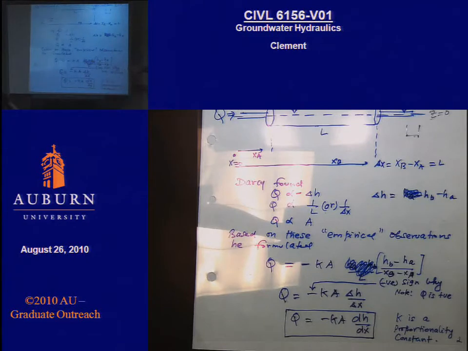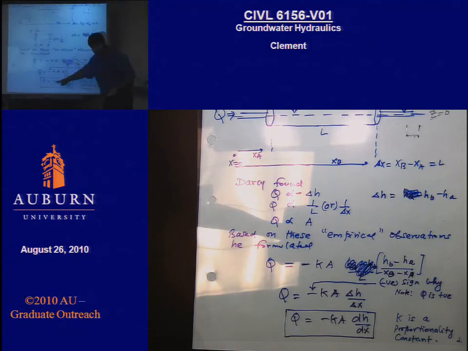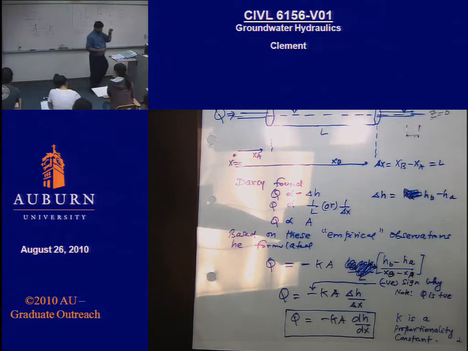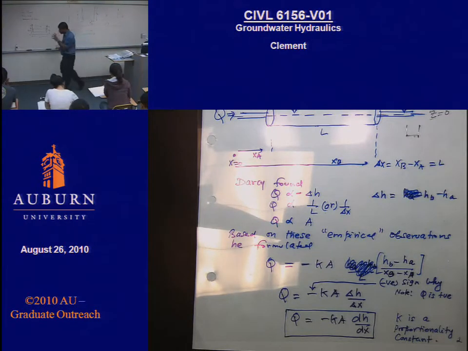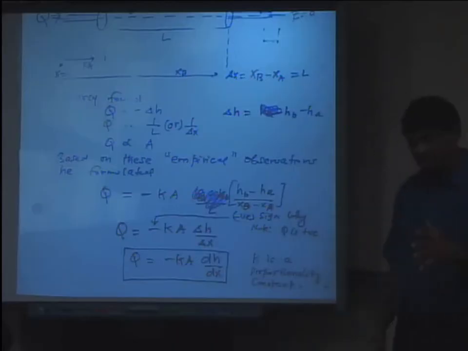If you put in the numbers, it will all work out, because you calculate delta H as HB minus HA, second minus first, and HB will always be a smaller number and HA a bigger number. So when you subtract, that will be a negative number, and that negative will cancel, and you will get a positive flow rate, which is actually moving towards B. When we put it in vector form, everything will work out much better. We will do that in a minute.